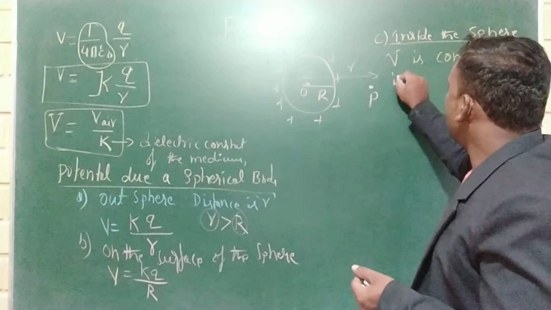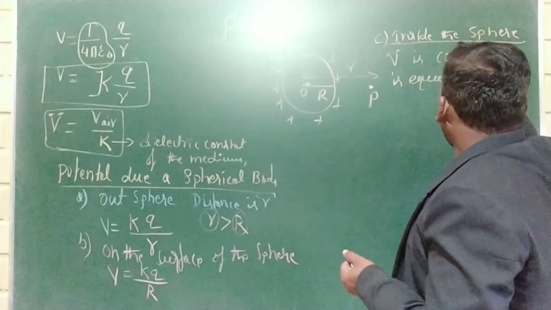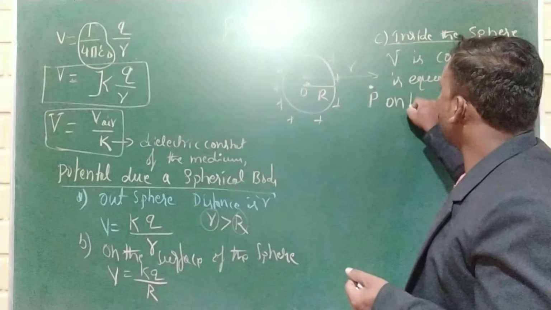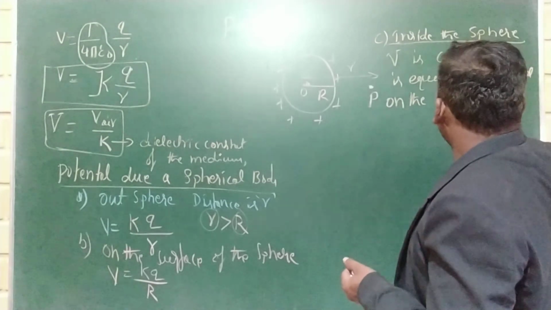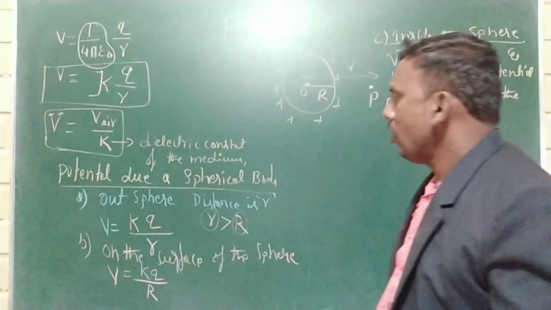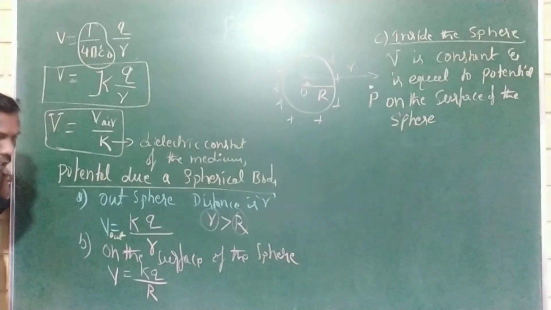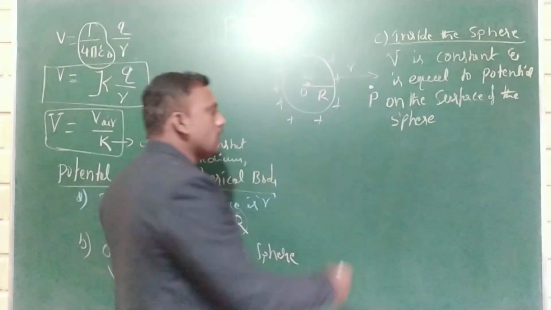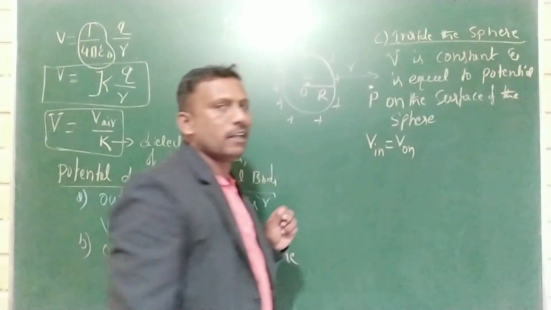Inside the sphere, the electrostatic potential V is constant and equal to the potential on the surface of the sphere. Outside the sphere we call it V out, on the surface of the sphere it is V on, and inside the sphere V in is equal to V on.